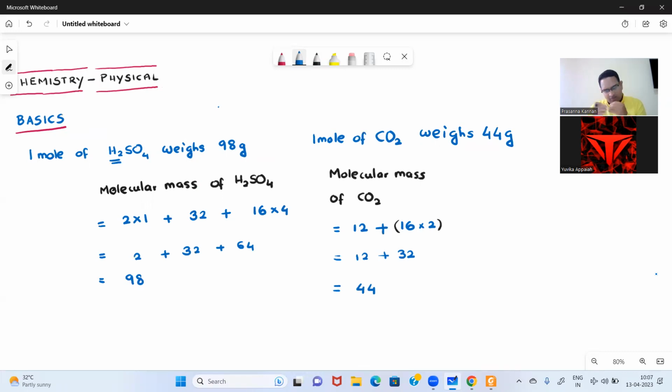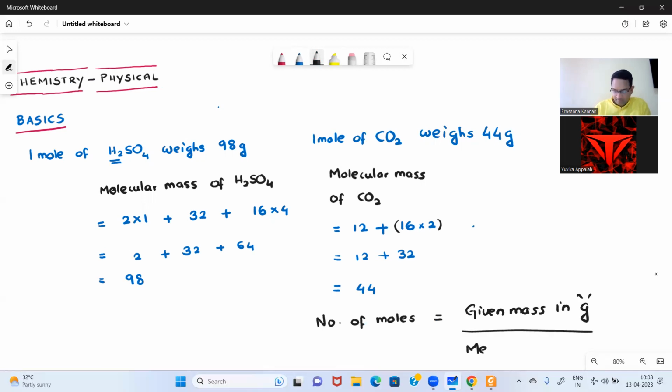So if I have to find out the number of moles, the number of moles of any compound would be equal to the given mass in grams divided by the molecular mass. Clear?